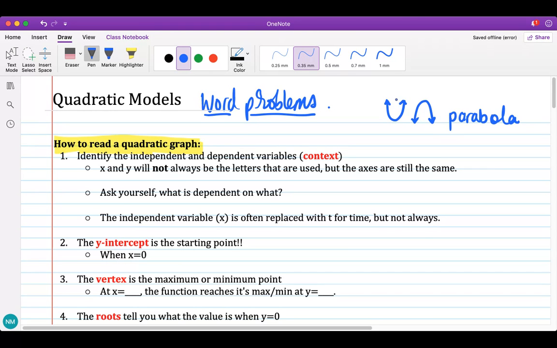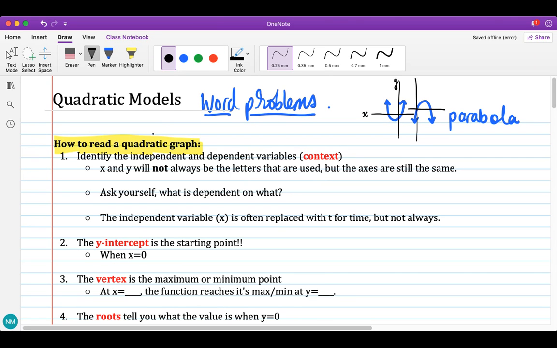And so when put on a graph, right, if it's like this, or like this, it has a very specific context dependent on what my x value is and what my y value is, what context they have, like what label they are. So the first thing we're going to do is identify what the independent and the dependent variables are, right?